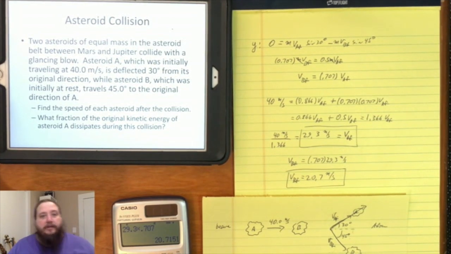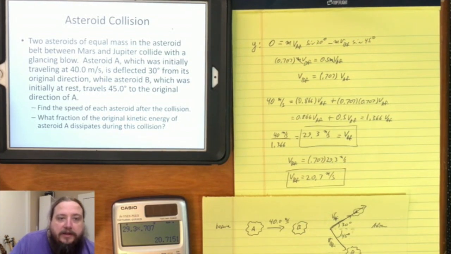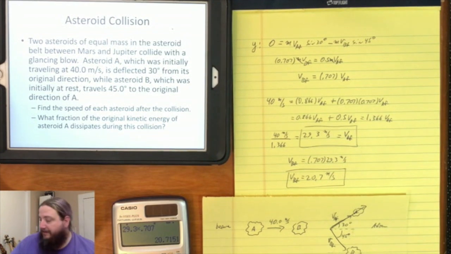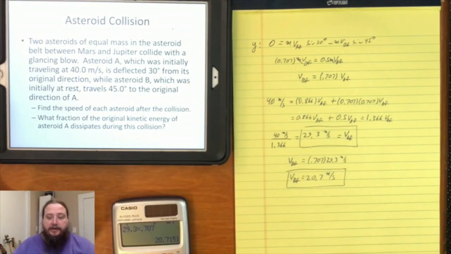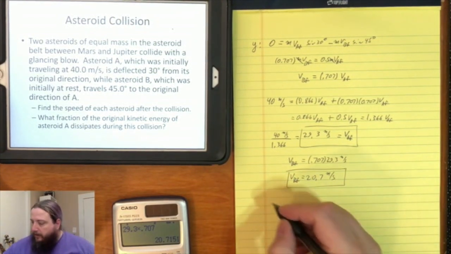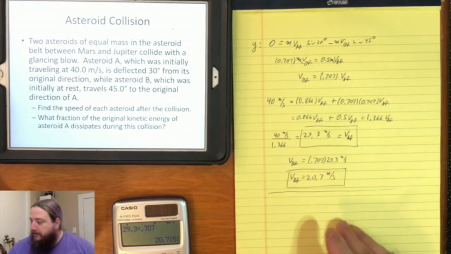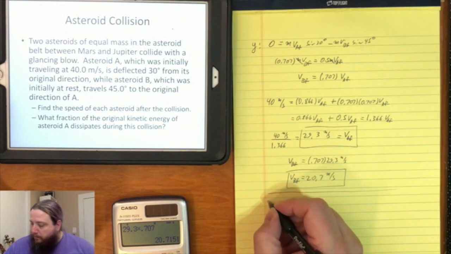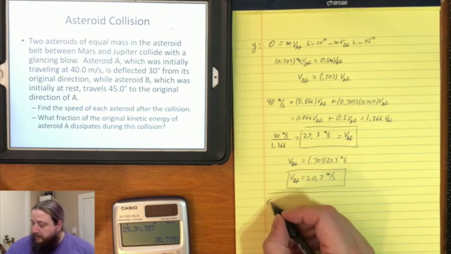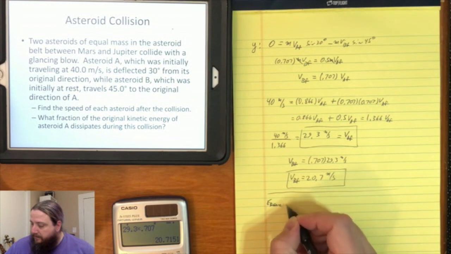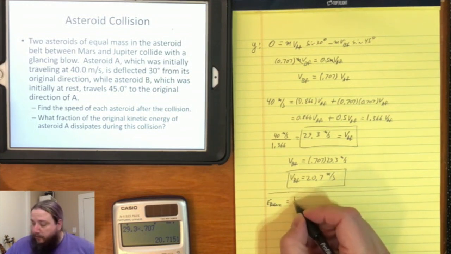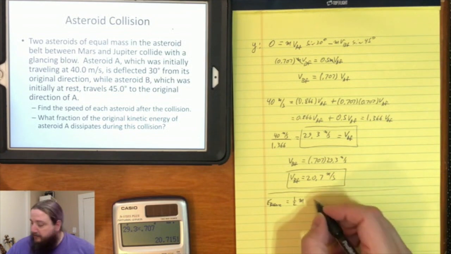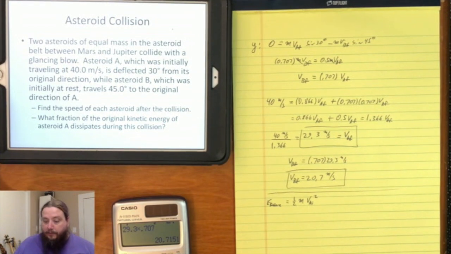So the next thing that the question asks is what fraction of the original energy of asteroid A dissipated during that collision? Well, what we're asking here is before, the initial energy is just 1/2 times our mass times the initial velocity A squared.